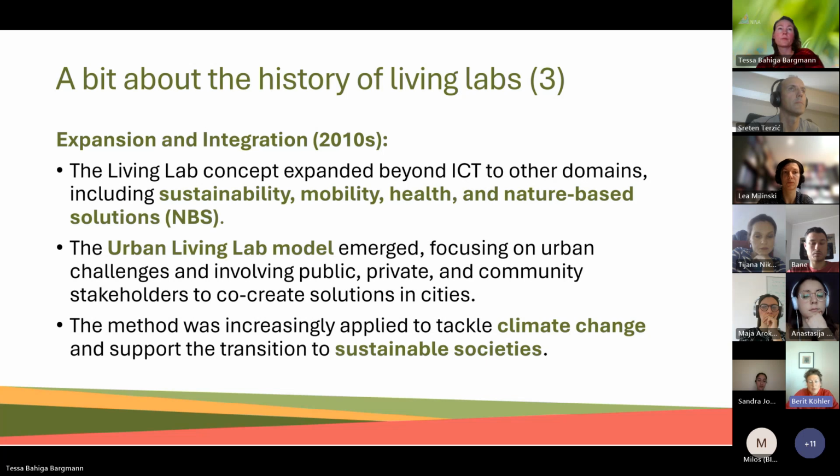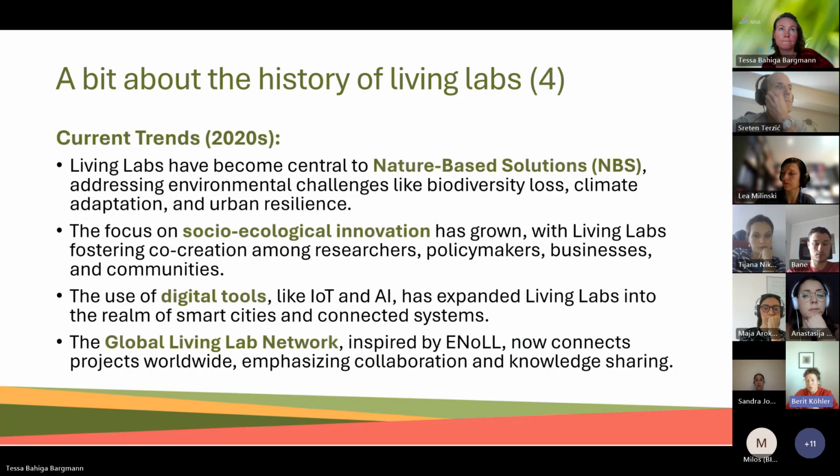The so-called urban living lab model emerged and focused on urban challenges and involved public, private, and community stakeholders to co-create solutions, mainly in urban areas. And then this method was increasingly applied to tackle climate change and to support the transition to sustainable societies. And then the domains widened.